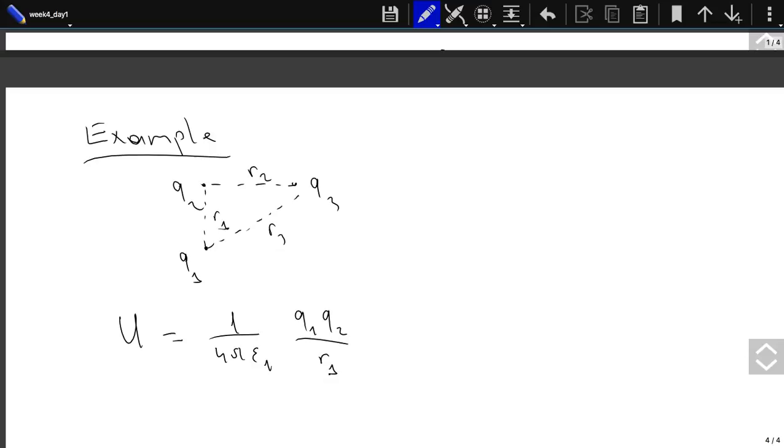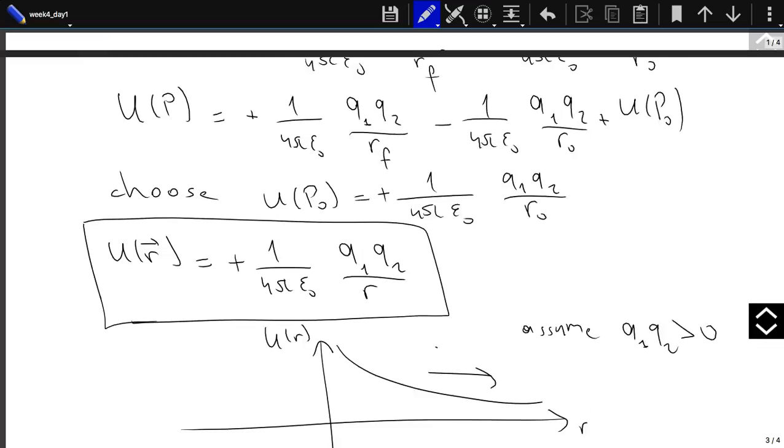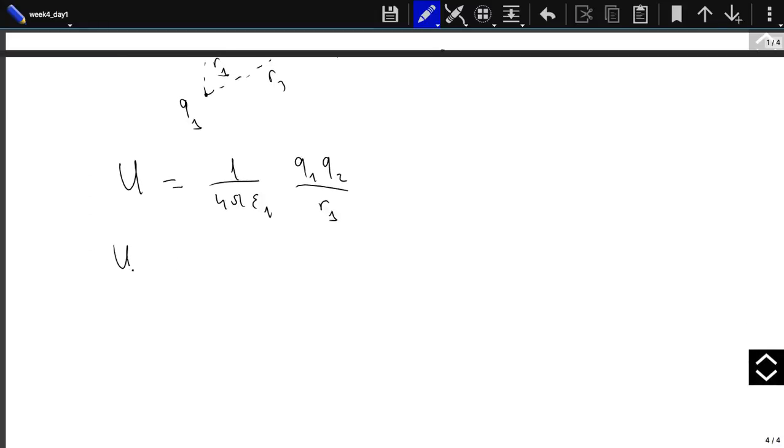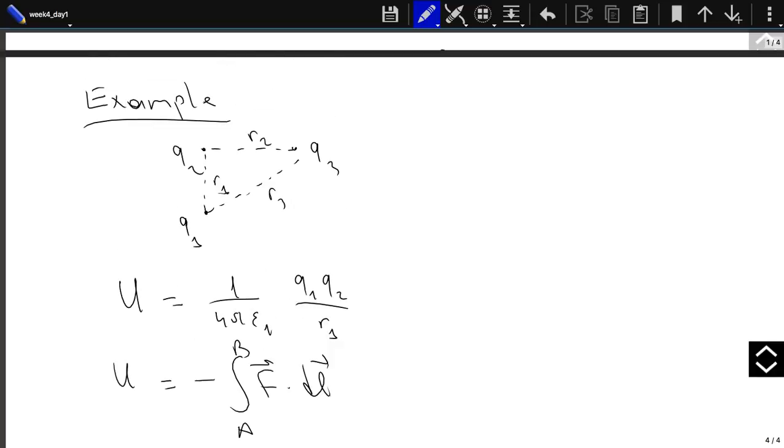Now we are bringing Q3. How much work we should do to bring Q3? Well, let's first remember our definition of the potential energy: minus the integral of F dot dl from A to B, plus U0.